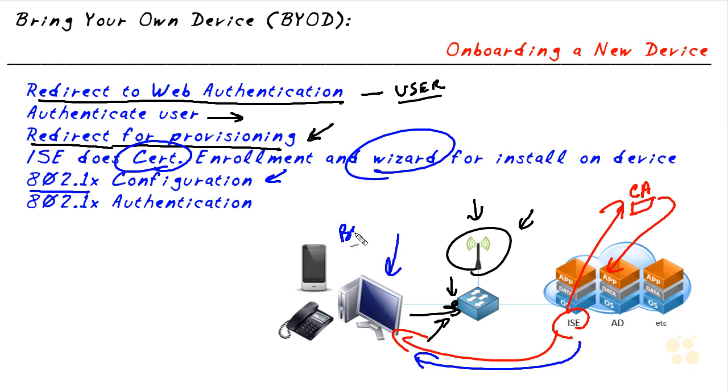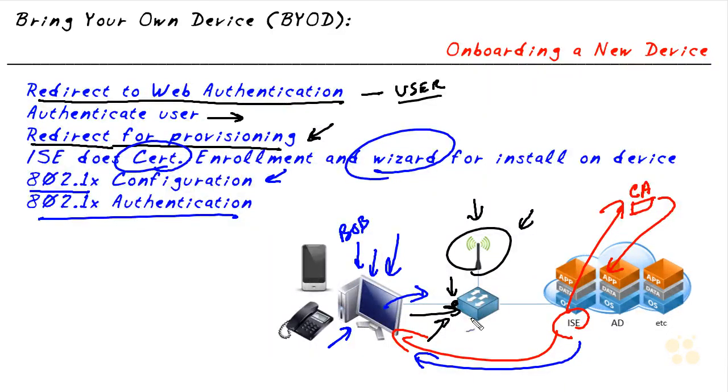So this is Bob's computer that he brought into the company. Going through this process, it would now have an identity certificate, and the 802.1x supplicant would be configured to use that digital certificate as part of the 802.1x authentication. And then once the 802.1x is configured, the supplicant is going to send an EAP message which is going to trigger the 802.1x authentication.